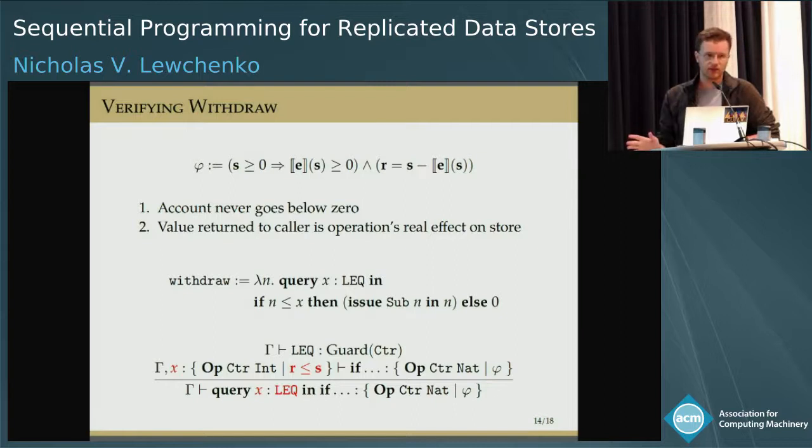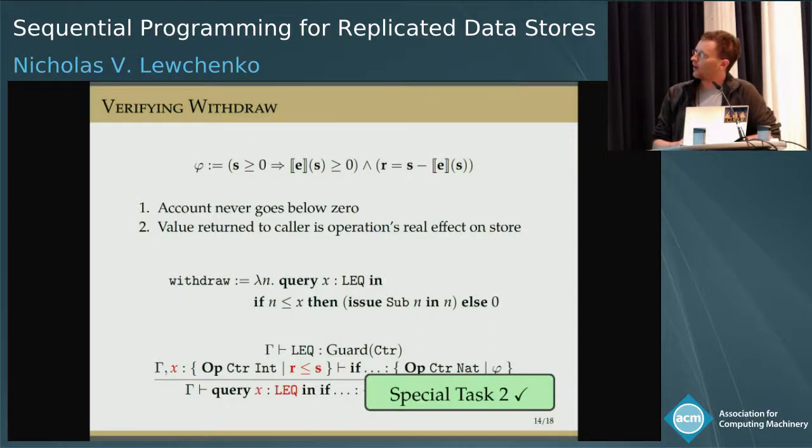So if you've seen refinement typing rules before, this looks a lot like just the rule for a lambda term. And yeah, that's basically it. There's no concurrent logic going on here, except that we're talking about this sort of universally quantified S value and just putting constraints on it. So this is our Karol solution to special task 2. And it's also very sequential in nature.